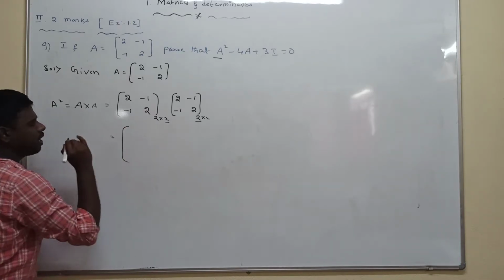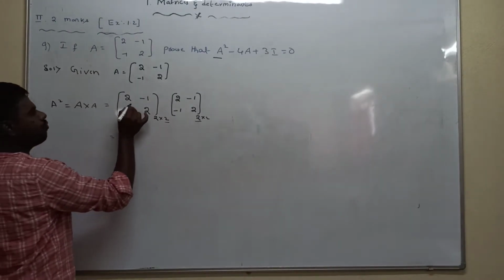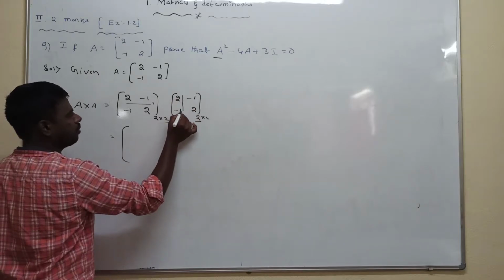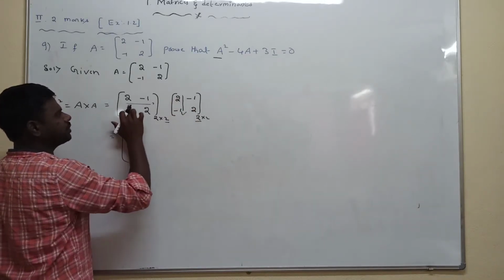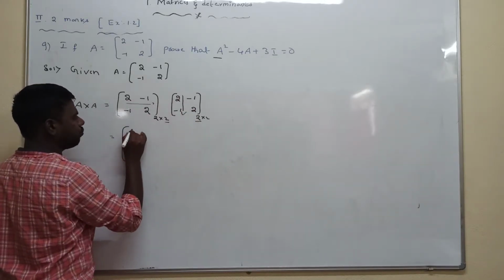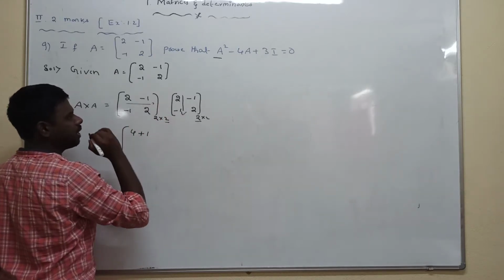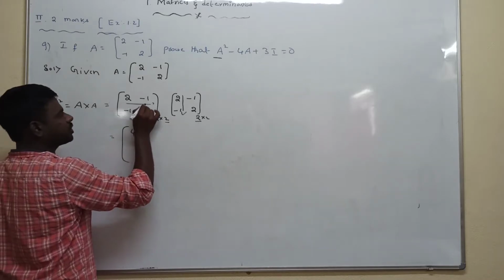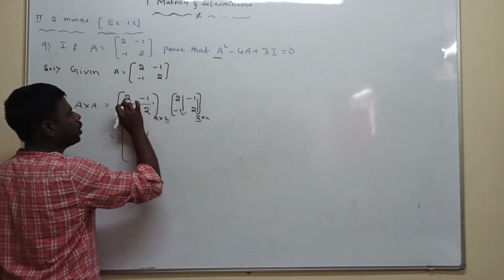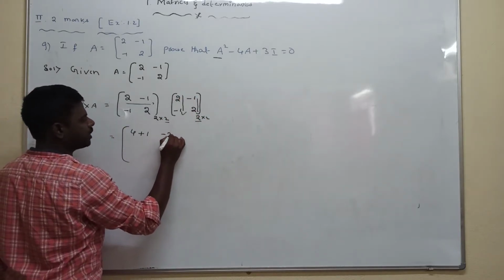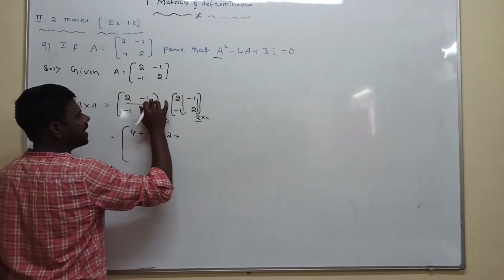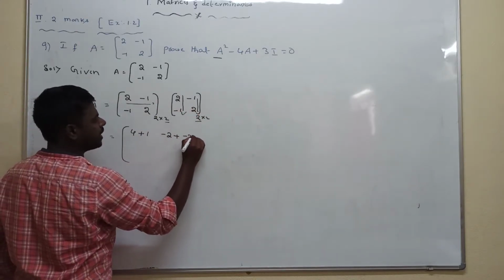Now applying the multiplication condition. First row, first column: 2 into 2 is 4, plus minus 1 into minus 1, that value is plus 1. Next, the first row, second column: 2 into minus 1 is minus 2, plus minus 1 into 2 is minus 2.